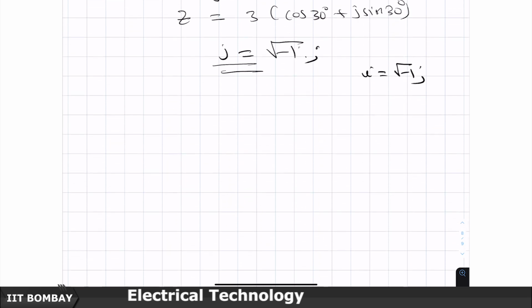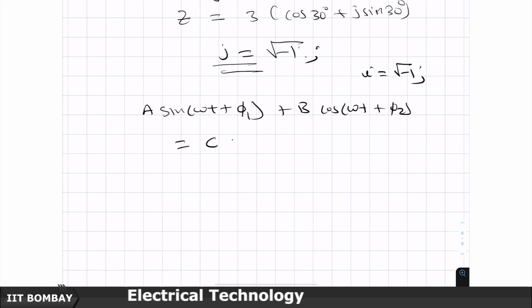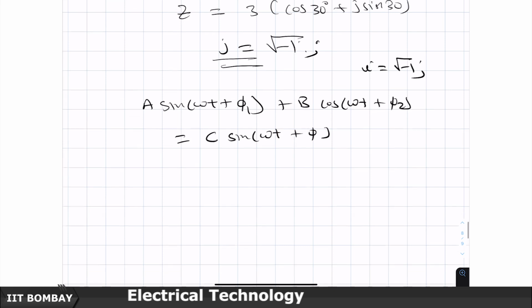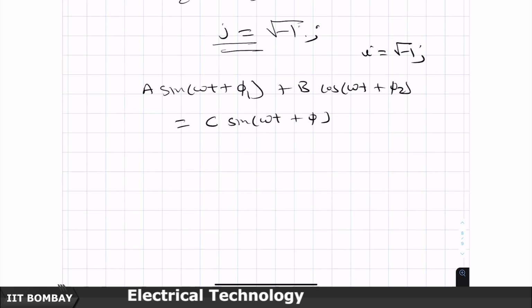Now, I want to demonstrate one more thing, which is that when I add 2 sinusoids at the same frequency, it is a sinusoid also at the same frequency, but with a different magnitude and angle.